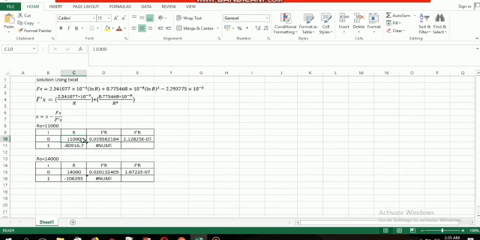So we will replace the value of R with 11,000, and we will get this value. After that, we repeat the same thing for f'(x), and we will get this answer.